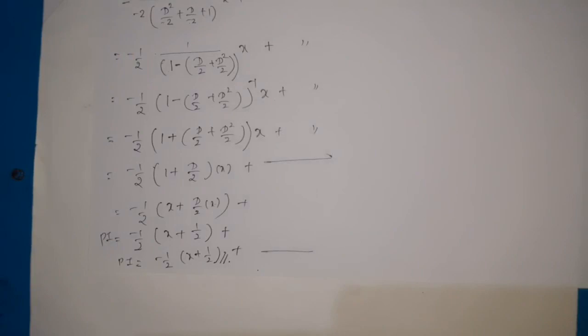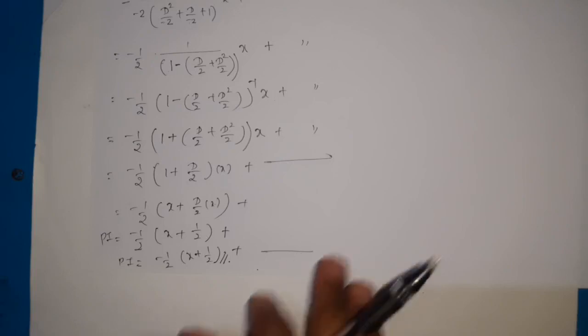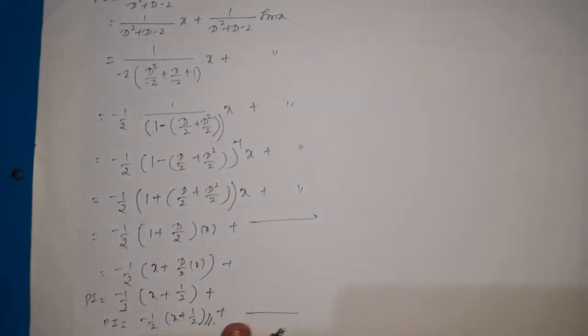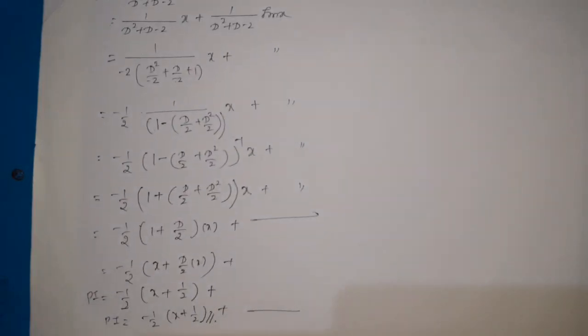So therefore this is the required particular integral. So here you have to complete this particular integral and upload the solution in Google Classroom, because I have solved only half of the problem and remaining half you have to solve and complete the complete solution, then send me the solution.